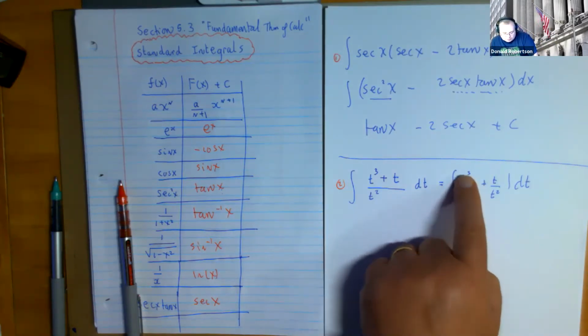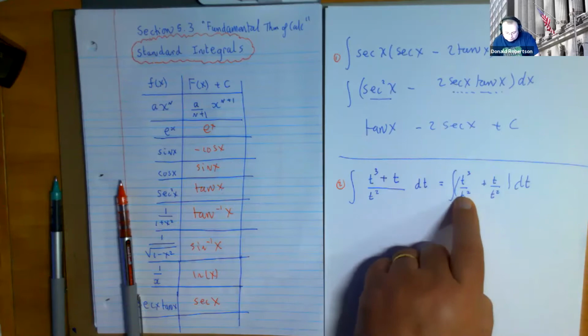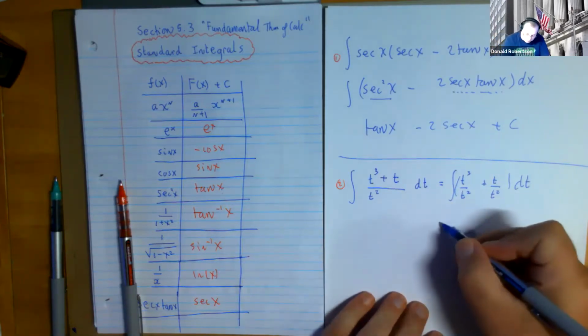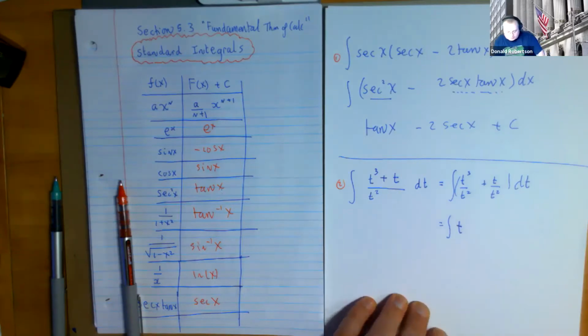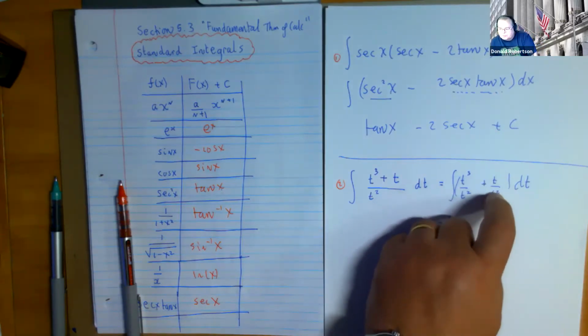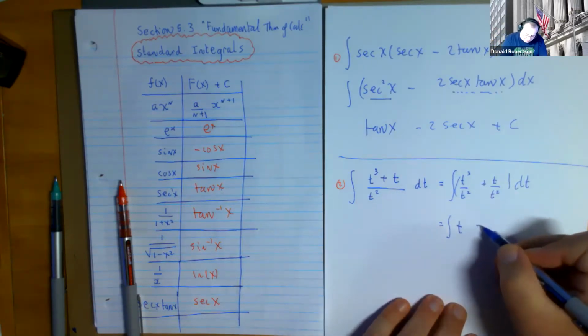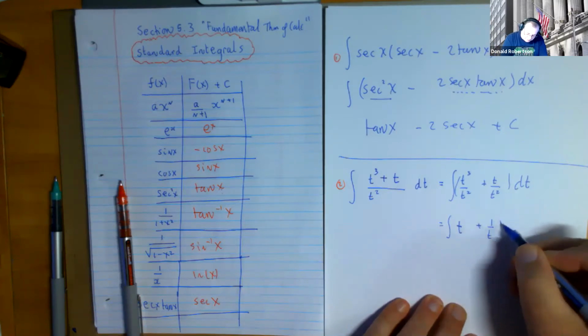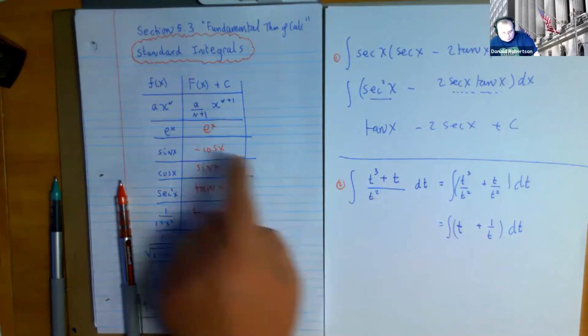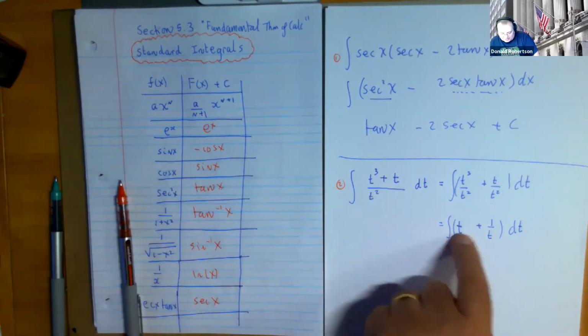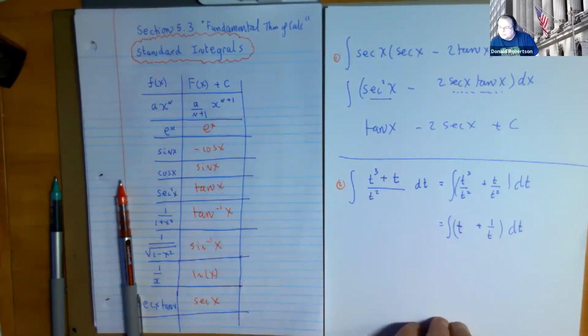Okay. Won't t cubed on the top divided by t squared on the bottom simplify down to just being t? And won't t on the top and t squared on the bottom cancel down a little bit and you get 1 over t? Now at this point, shouldn't you be saying, woohoo, aren't these doable?